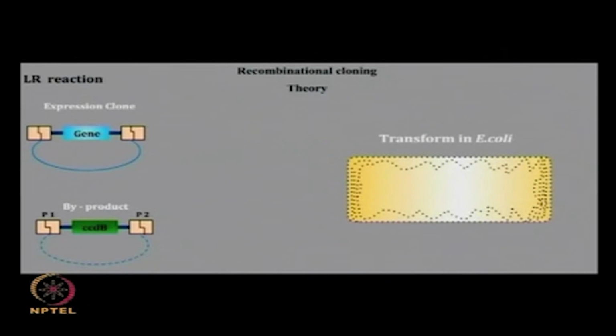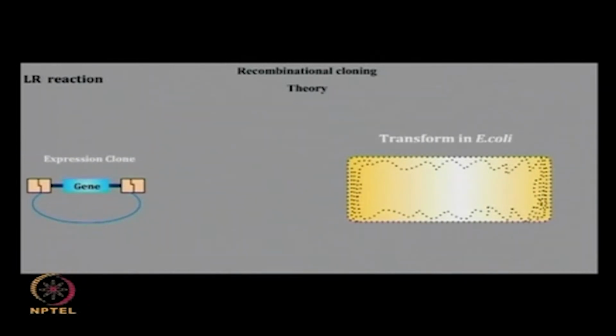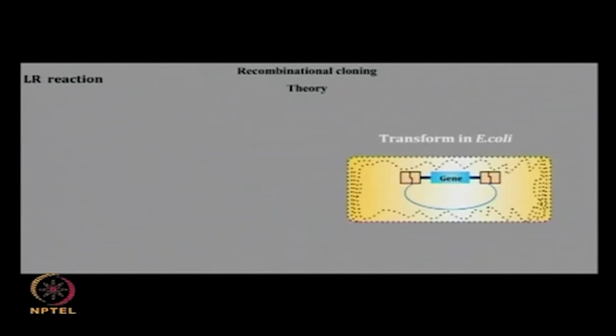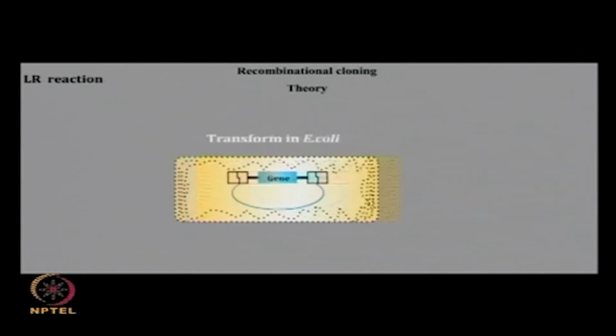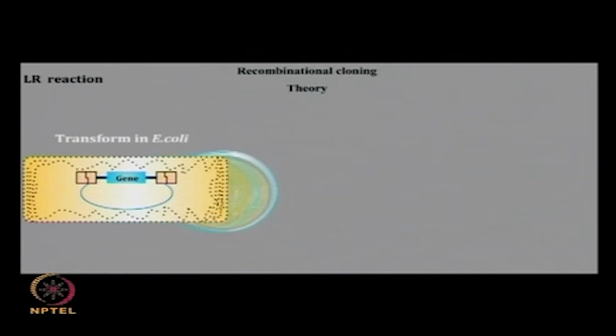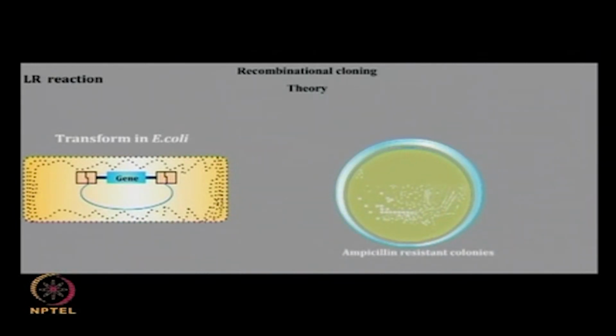The LR reaction enables generation of several expression clones for various applications in a very short time. The transformation results in colonies which can be selected on ampicillin resistant plates. Once the right colonies have been selected, the DNA can be extracted and these clones can be stored for various applications.